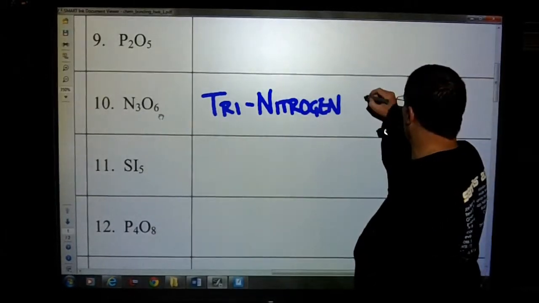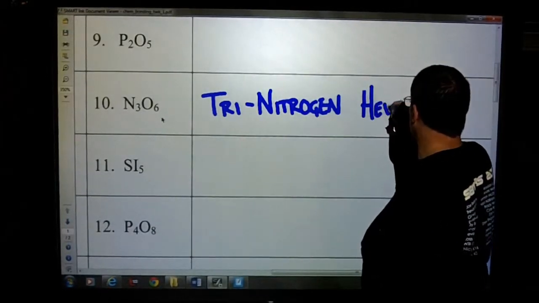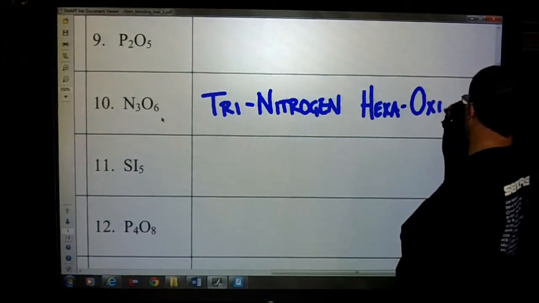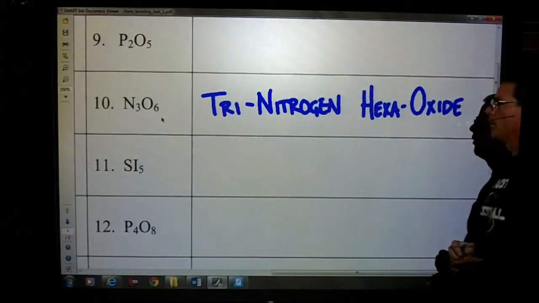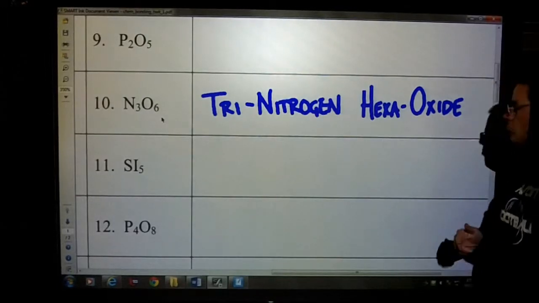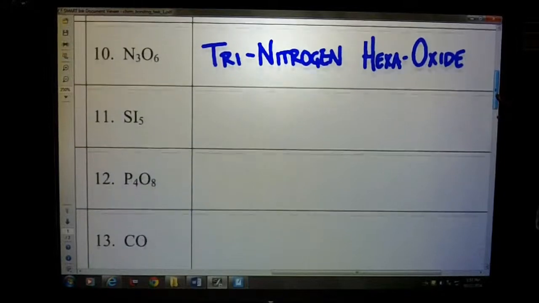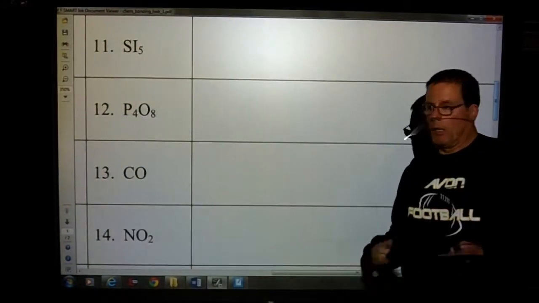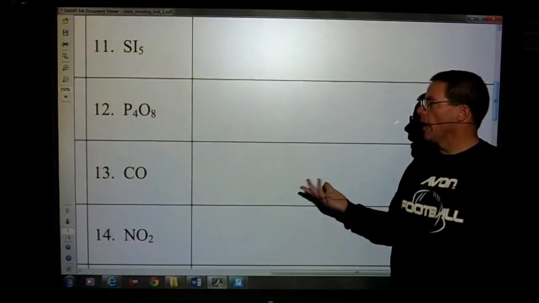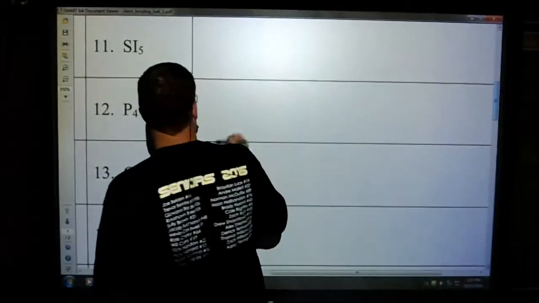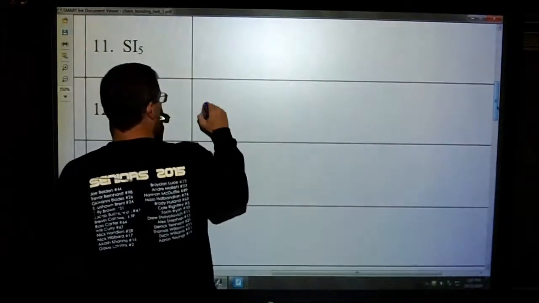So 6 is hexa, and the oxygen is oxide. So in this case, trinitrogen hexaoxide. Okay. And once you learn the Greek prefixes, again, this will get so much easier because there aren't as many nonmetals and there's only 10 Greek prefixes. So we do have phosphorus, and we do have a 4 there, so a tetra.